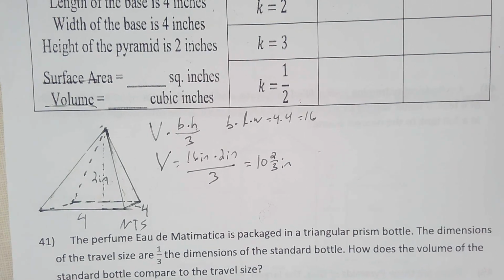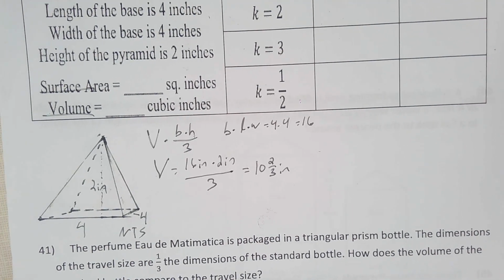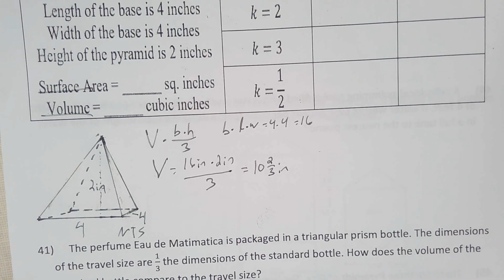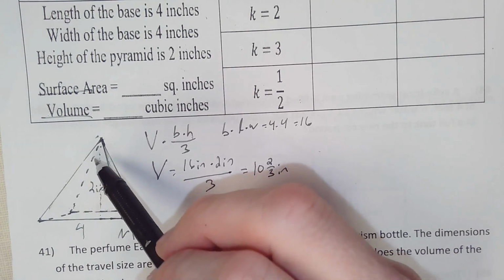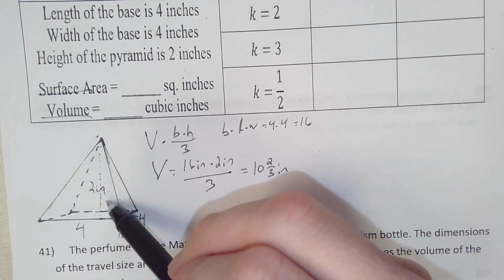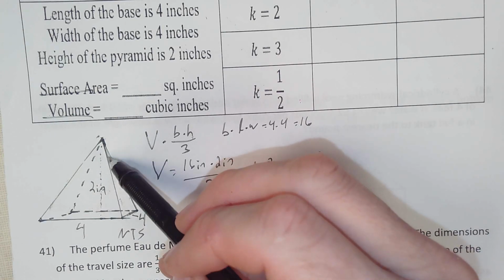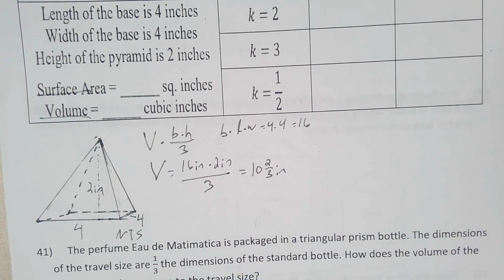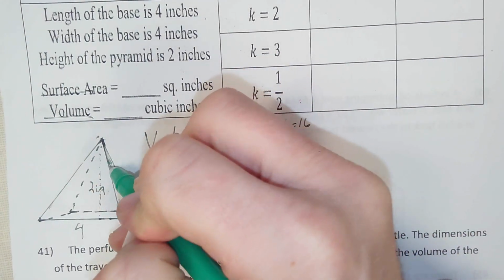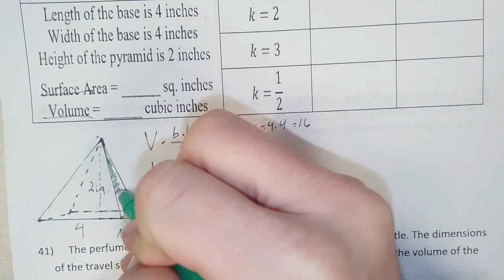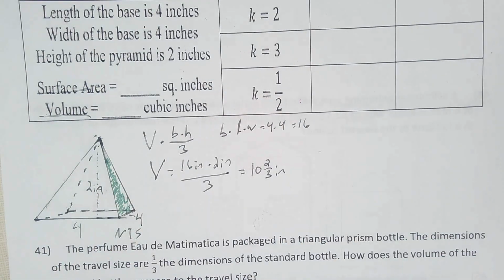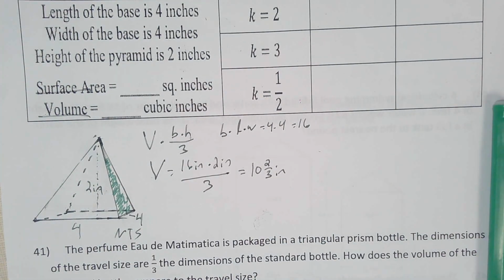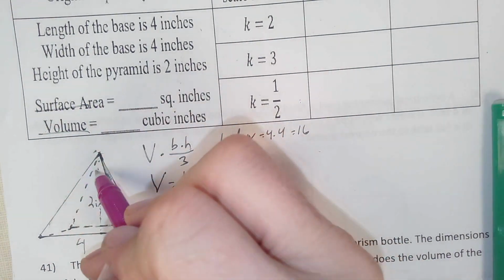Okay, well, surface area is not as easy to figure out. You have to figure out the surface area of each one of these triangles. So you have 2 of these triangles. Let's see if I can color. So we have 2 of the green triangles, and then we have 2 of them.